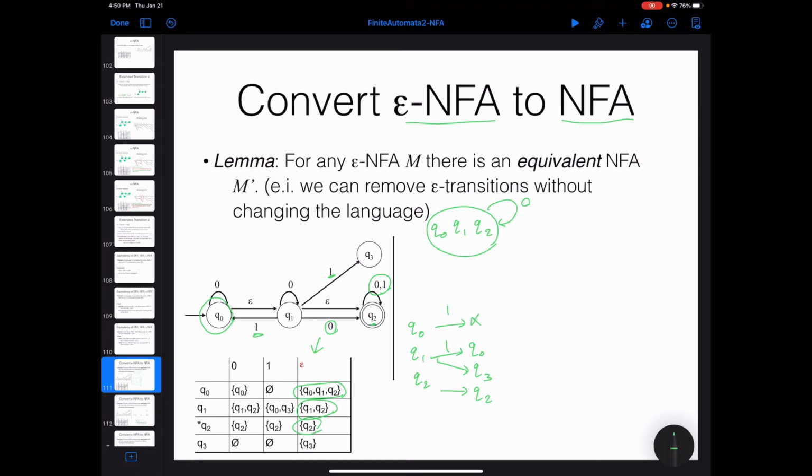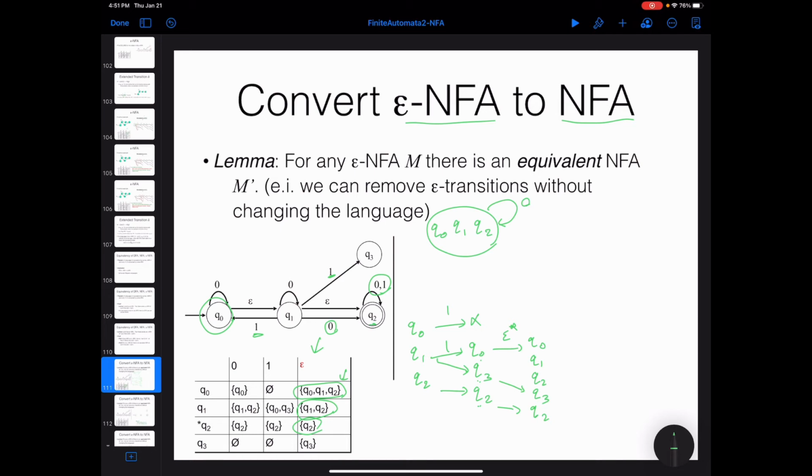Okay, again, before I go and add a transition for a state named Q0, Q3, Q2, I have to apply the epsilon closure. So epsilon closure over Q0 is going to end up at Q0, Q1, Q2, right? From Q3, it's going to be Q3, and Q2 is going to be Q2.